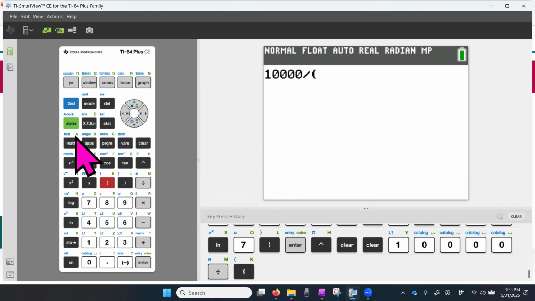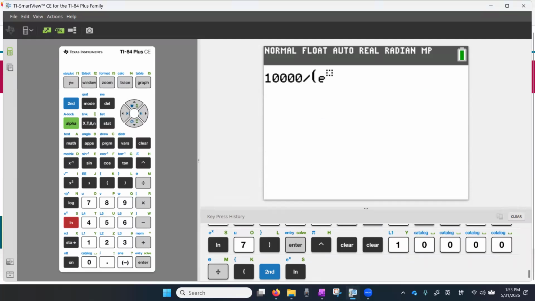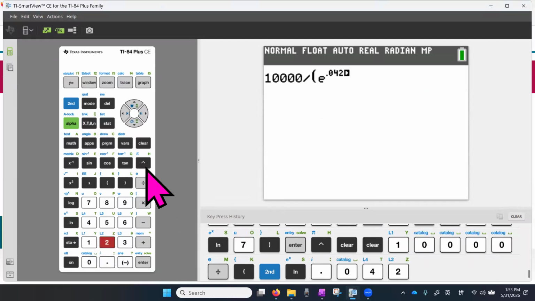And it's compounded continuously, so we're going to have an e exponential expression here to the power of the annual interest rate, 4.2%, 0.042, times 6 years.